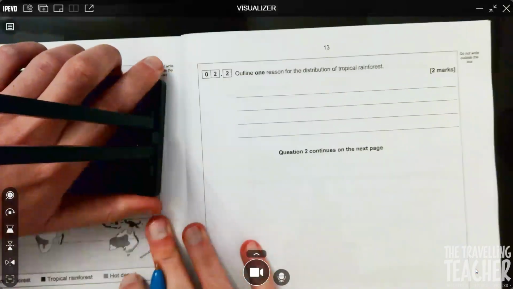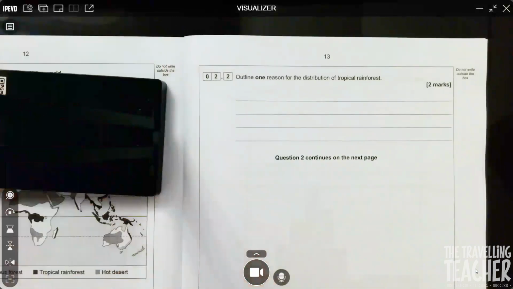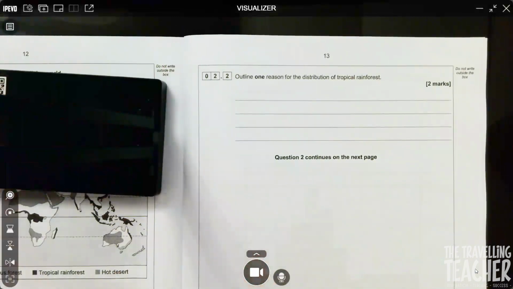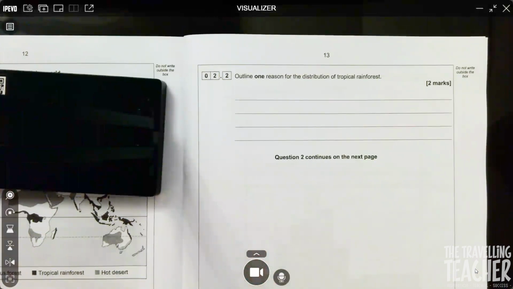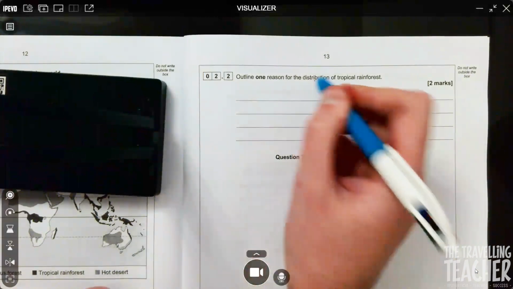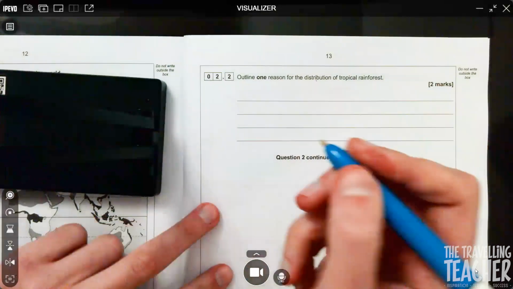Next one. Outline one reason for the distribution of tropical rainforests. Distribution is referring to the location of tropical rainforests. So here we go.